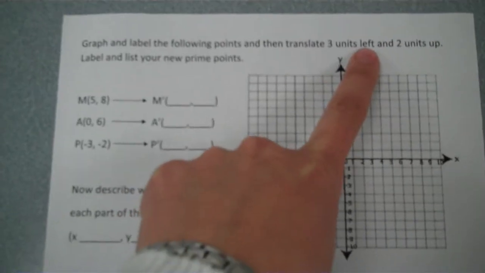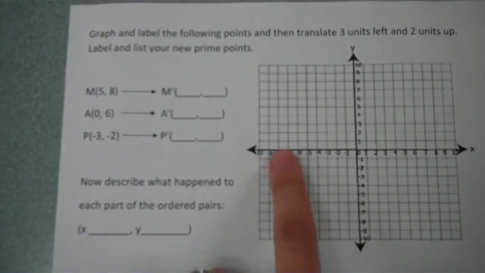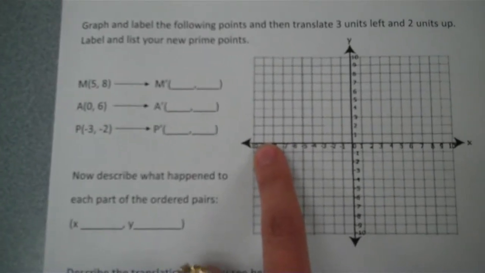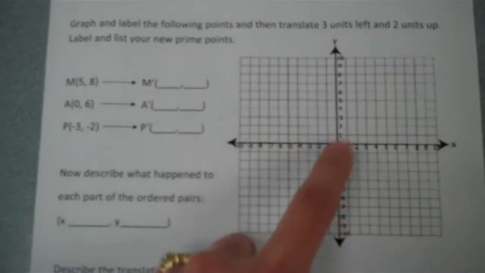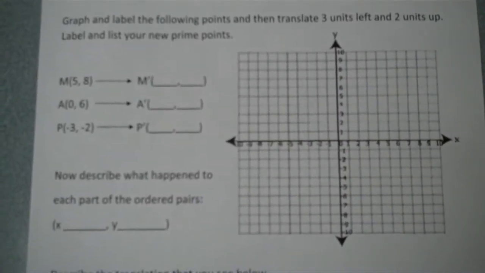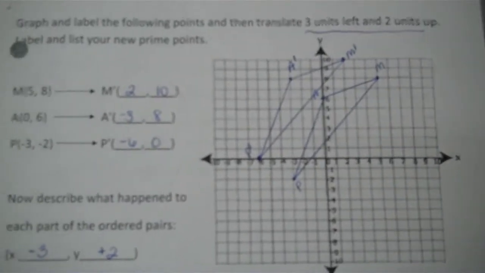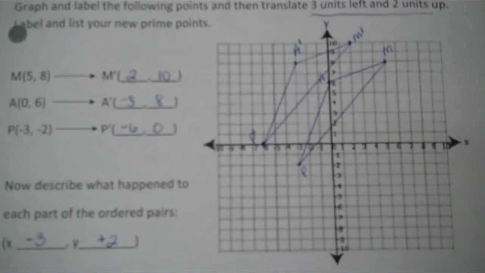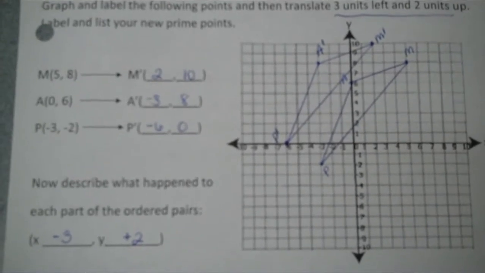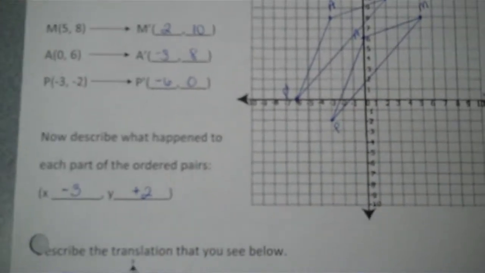So if it's moving to the left, that means we're going to take the x value and subtract 3. If we take the shape and move it 2 units up, that means we're going up the number line 2 spaces. Here's what your answer should look like for the top half. Notice when you draw the image, one has the little tick marks, which represents the image or the prime shape. That's where the shape moved to.